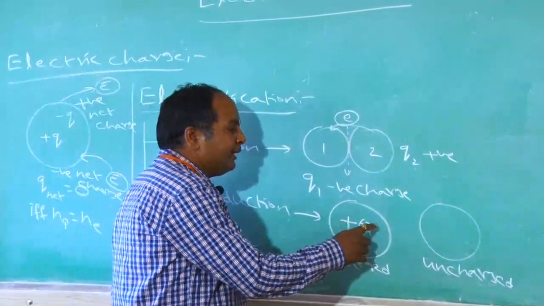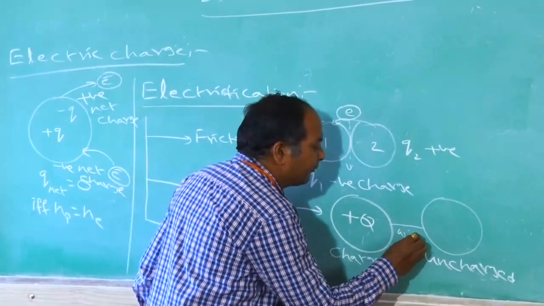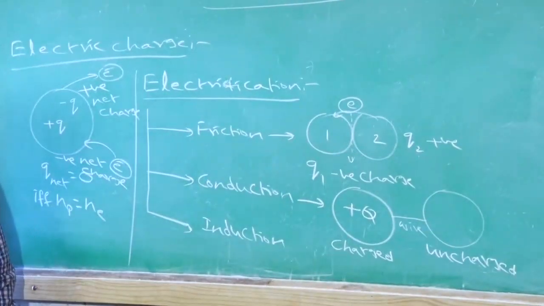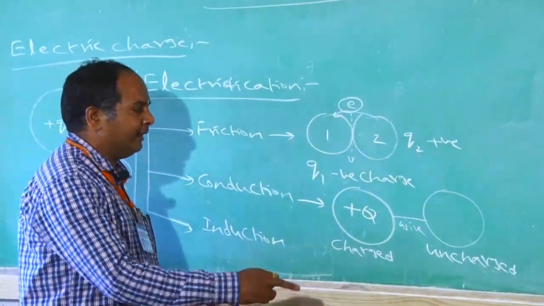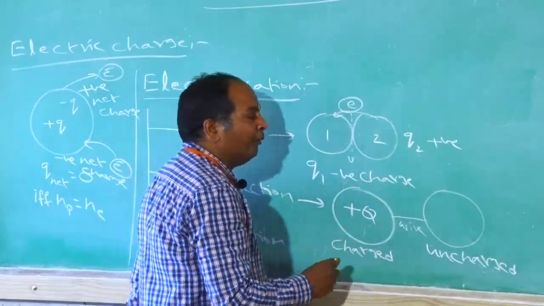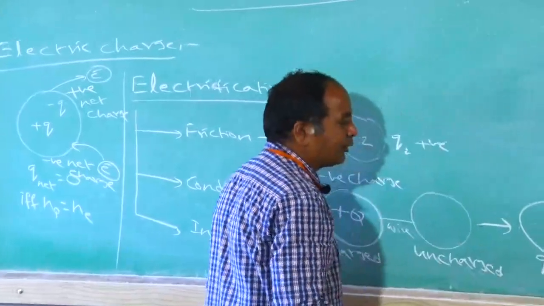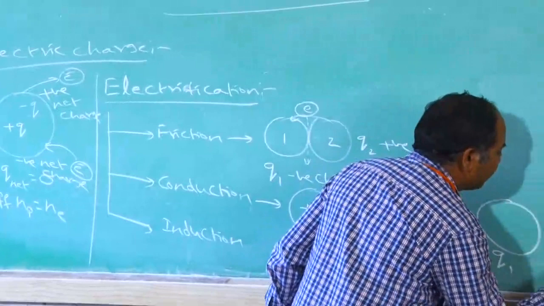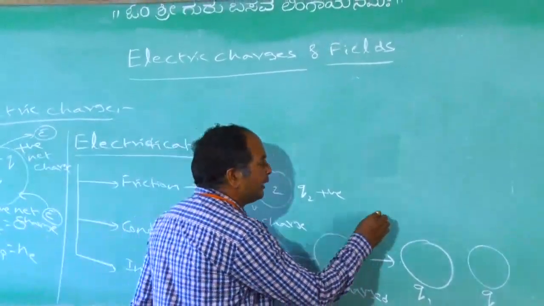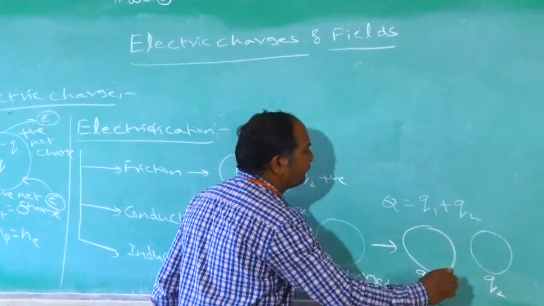If these two bodies are connected by a wire, then this total charge is shared by both. That means the first body gets charge Q1 and the second body gets charge Q2, such that the total charge should be equal to Q1 plus Q2.